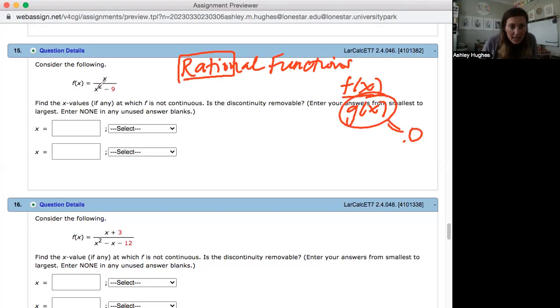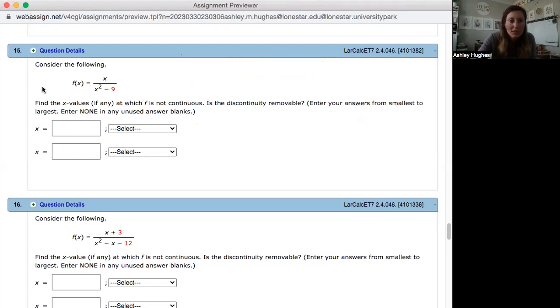So in this case, I could factor the bottom to be x minus the square root of 9, 3, times x plus 3. So I have two non-removable discontinuities. I can't cross out either of these. So this would be x equals 3, x equals -3, and both are not removable. Goodness, having a hard time with that word today.